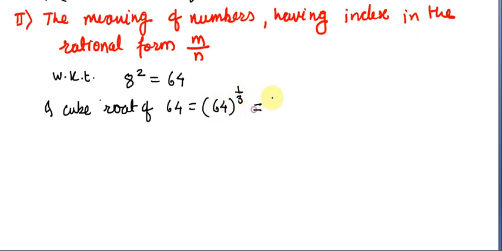So this 64 can be expressed as 8 square. So we will express 64 as 8 square, and to the power 1 by 3 is equal to 4.